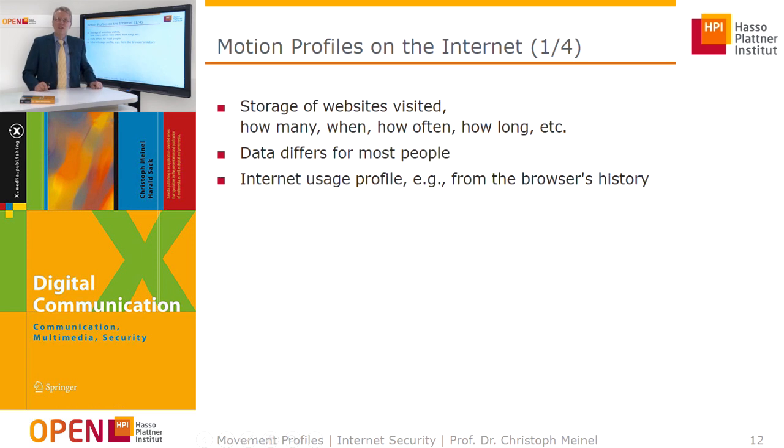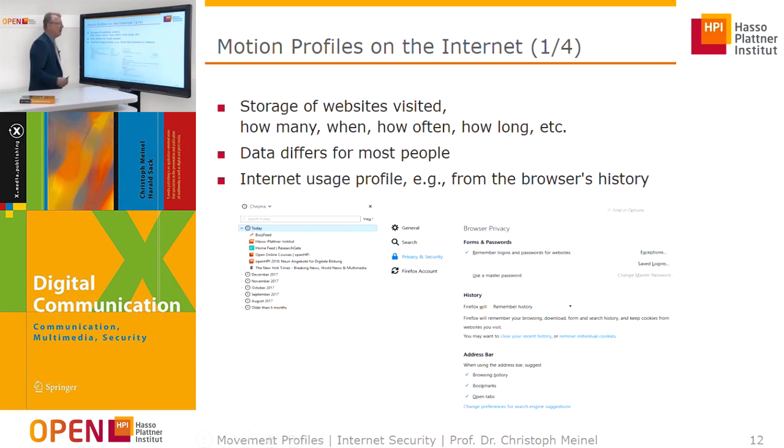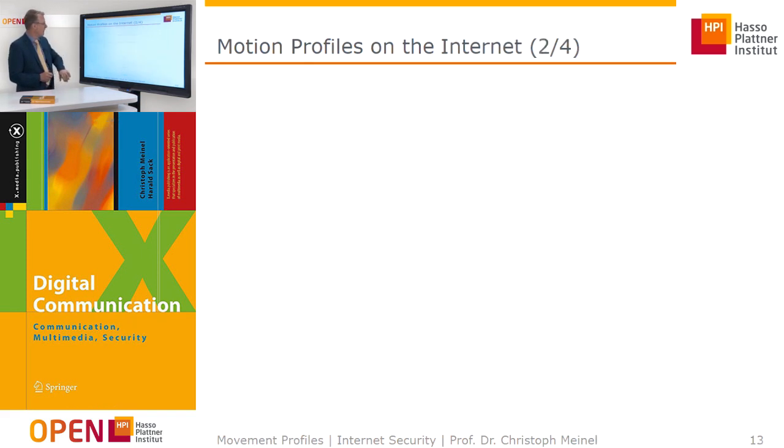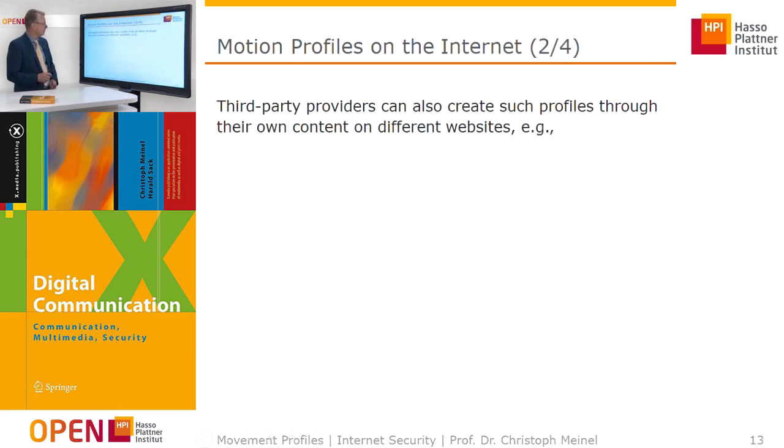Internet usage profiles can be received, for example, from the history activity file of a browser. Here you see the history of a browser, and you see exactly which website was visited at which time by a user. Third-party providers can also create such profiles.